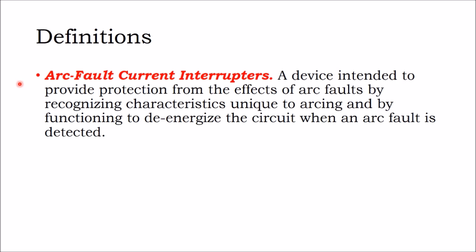And since then I've confirmed it with other installers. The number one failure point in a system is that homemade connection, that MC4 connector that you make at the end of one circuit that comes back to your inverter.